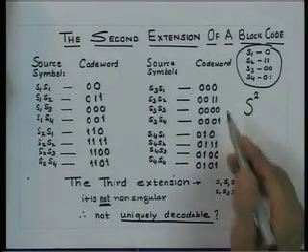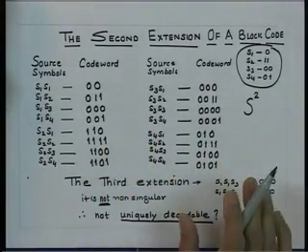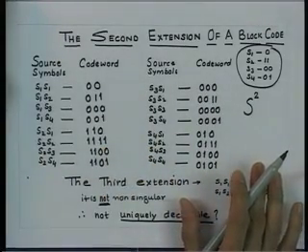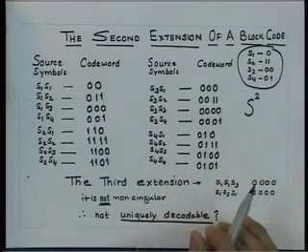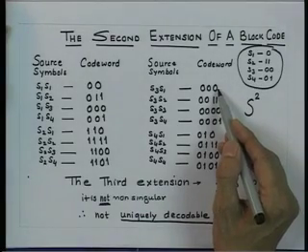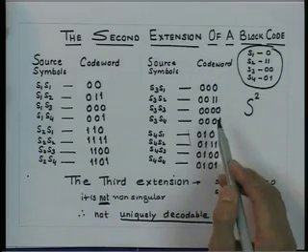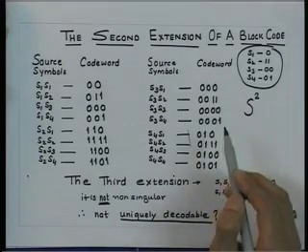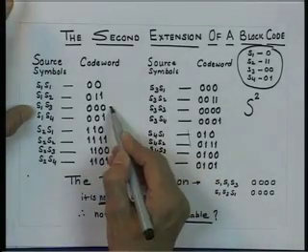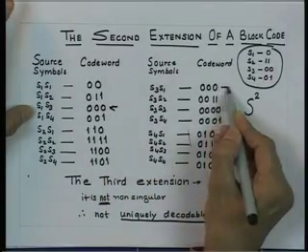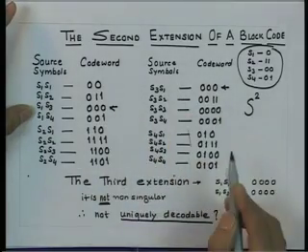Now if you look at the code which we have generated for the second extension, we will find that it is not non-singular, because if you look at S1, S3 and S3, S1, the code words for both of these are identical.